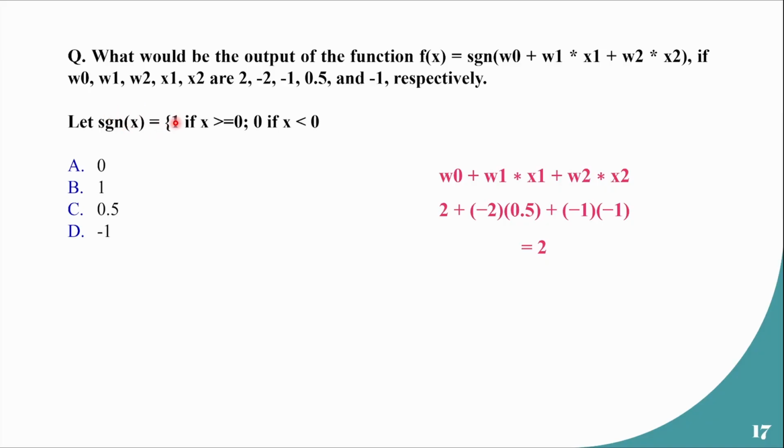Otherwise, it would have been 0. Since the inside value is 2, SGN of 2 will be 1. So f(x) is SGN of 2, which equals 1. In that way, it's a simple numeric problem where you calculate the value by applying the condition. Okay.